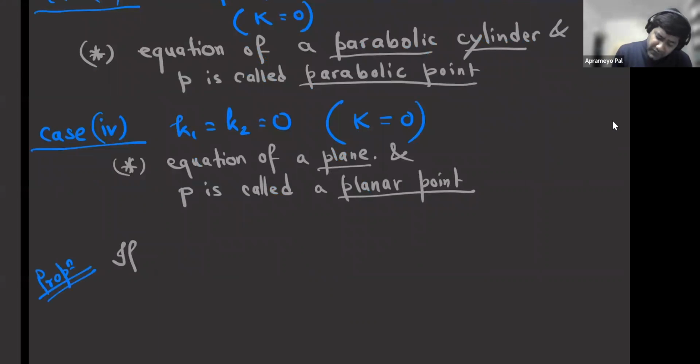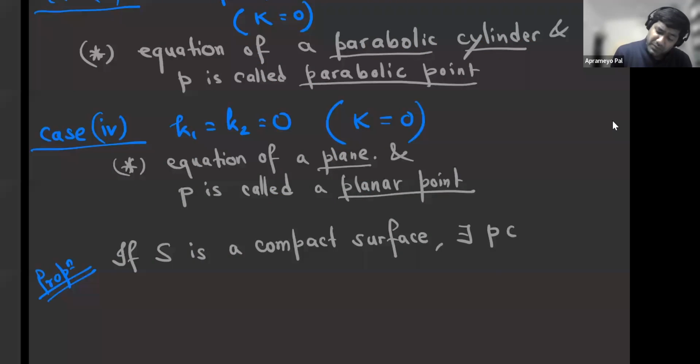If S is a compact surface, then there exists a point P in S at which the Gaussian curvature is positive.